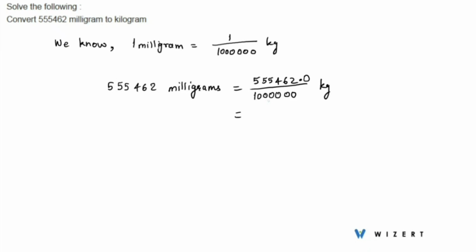So there are 6 zeros, so we'll be moving this decimal point to the left by 6 digits. So we get 0.555462 kilograms. So this is the conversion.